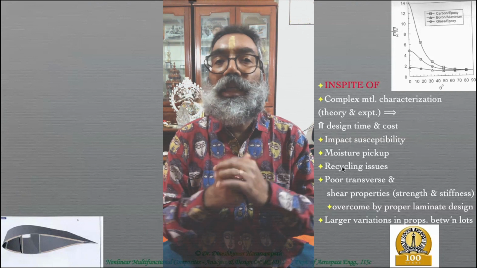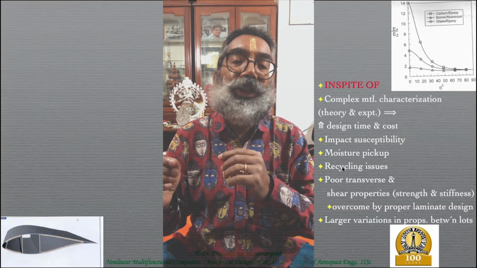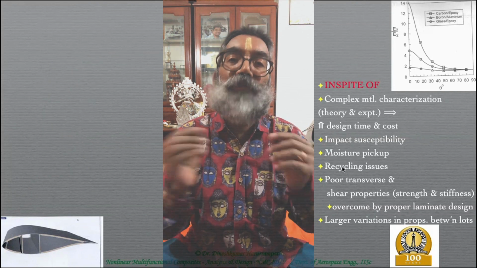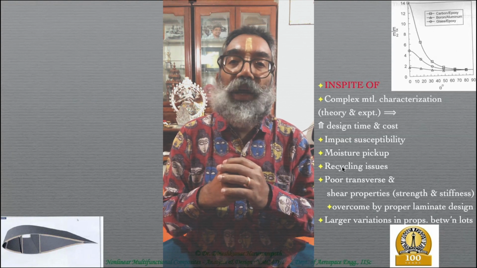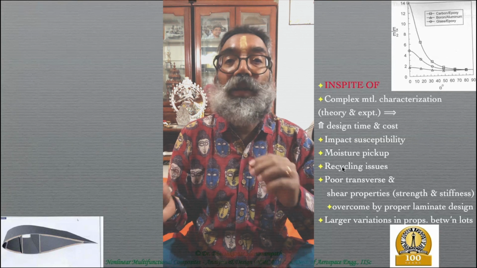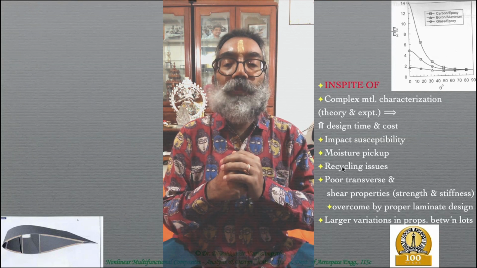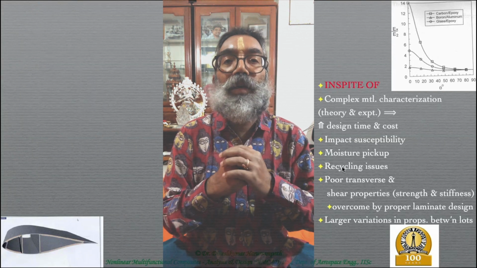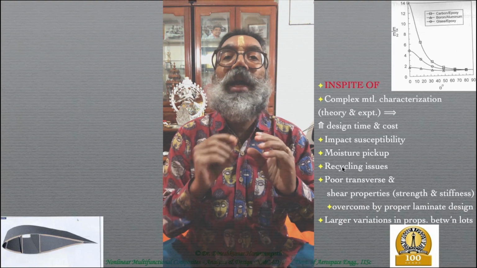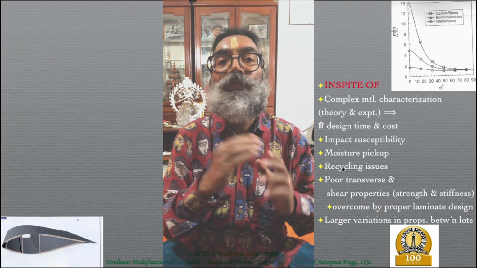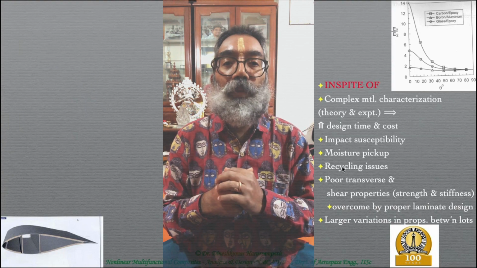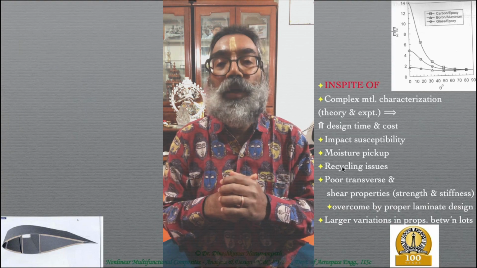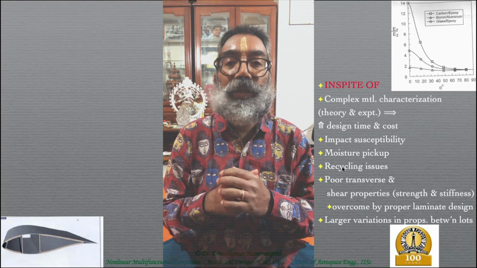These variations could come from property differences in the fiber, property differences in the matrix, differences in the volume fractions, and the occurrence of voids. For example, while you are making the composite, there could be small air pockets arising. Those voids can reduce performance and give inferior mechanical properties like strength and stiffness.